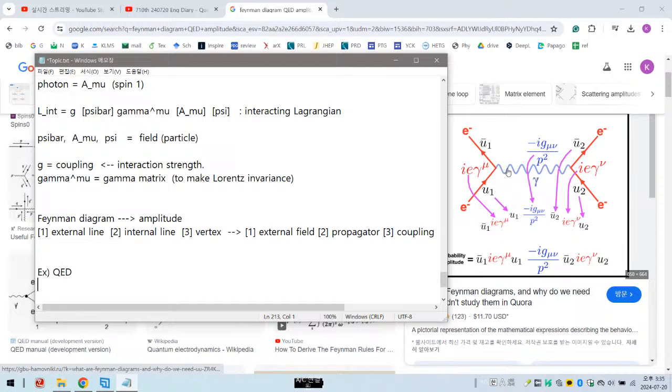And there are propagators, which is a photon, and this is massless. So the propagator for massless spin 1 particles looks like that, and u2 and u2 bar are the ingoing particle and outgoing particle, and the vertex is i e, and there is a gamma matrix multiplied. So if we multiply all the contributions from the Feynman diagram, we can obtain the probability amplitude.